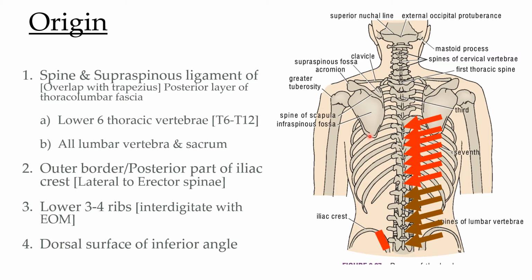Few of the fibers also arise from the outer border of the posterior part of the iliac crest, lateral to erector spinae, and few of the fibers take origin from lower 3 to 4 ribs, where this muscle interdigitates with the fibers of external oblique muscle. After taking origin, the fibers proceed superolaterally, and while doing so, few of the fibers also originate from the dorsal surface of the inferior angle of scapula.